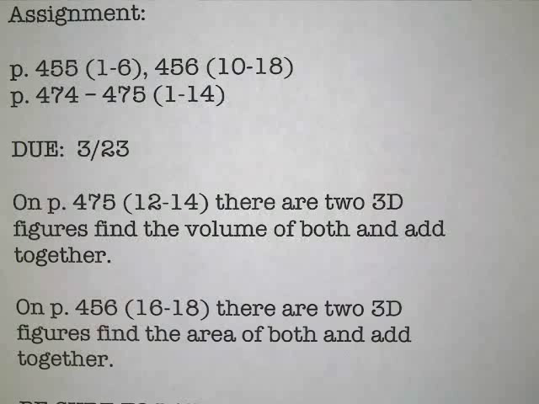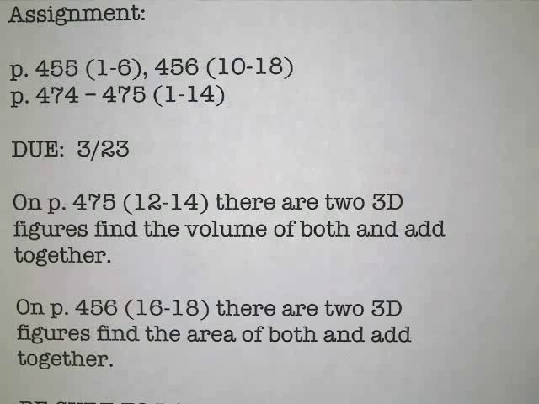Do you want us to write? I want it on a separate piece of paper, please, and I want to try to find your answers. Page 474 through 475 is 1 through 14. You might want to write down the little extra instructions.